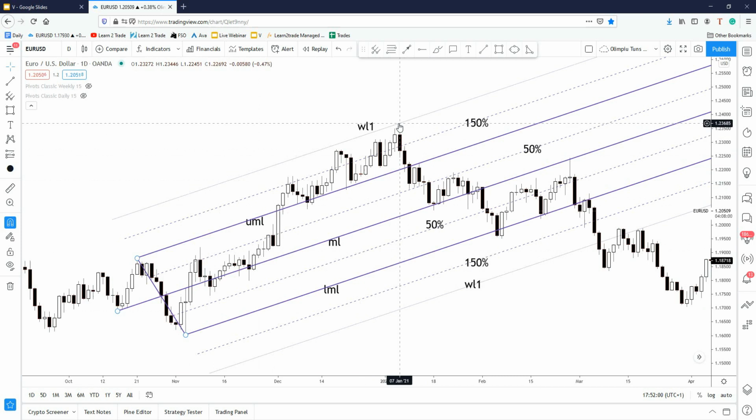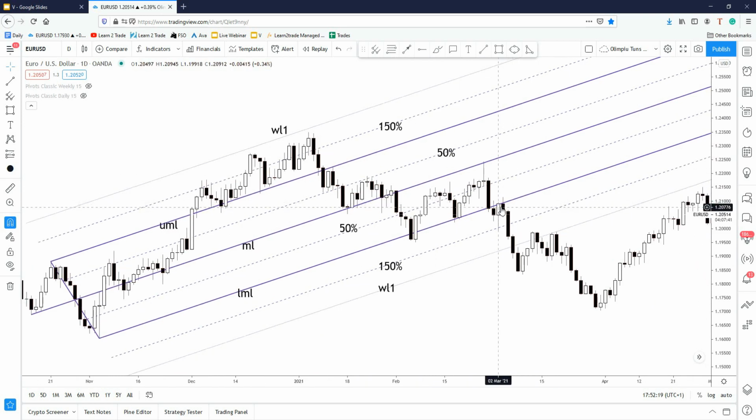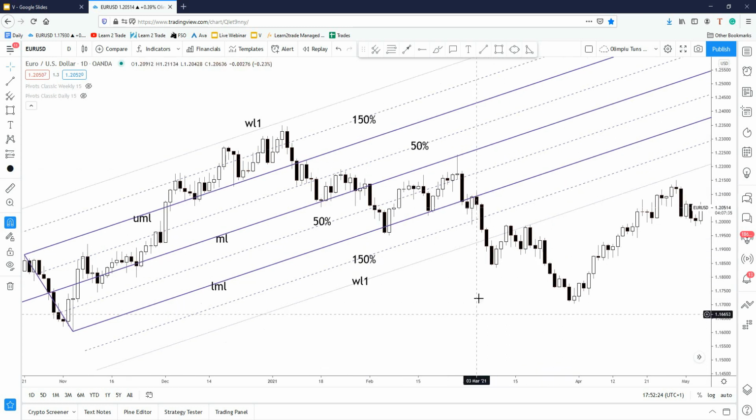Unfortunately, here it has failed to reach the next target, represented by the upside warning line, and then it has decreased, retest of the medium line, retest of the upside 50%, drop towards the lower medium line, retest of the medium line, and here we had a valid breakdown from this ascending pitchfork, signaling that we may have here a potential drop.